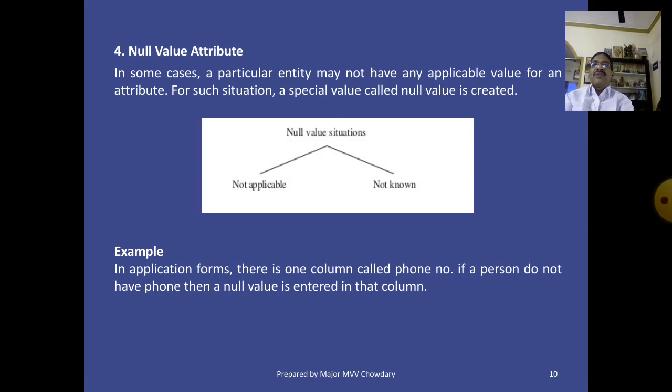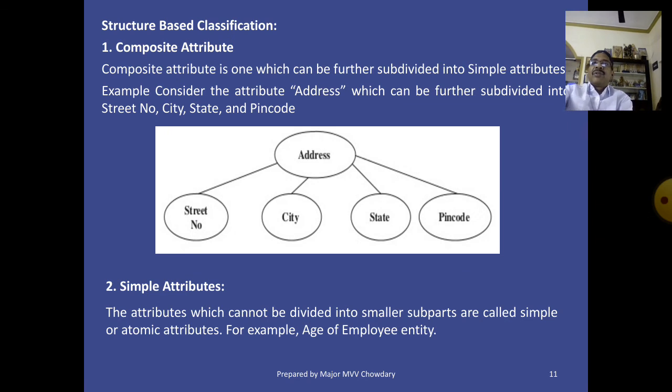For example, in application forms there is a column called phone number. If a person does not have a phone, then a null value is entered in that column. That is a null value attribute.